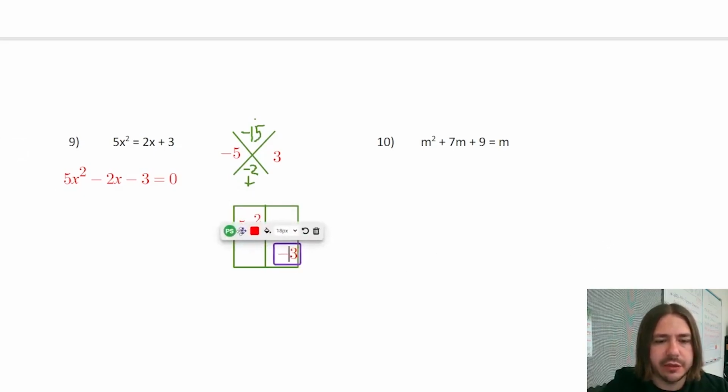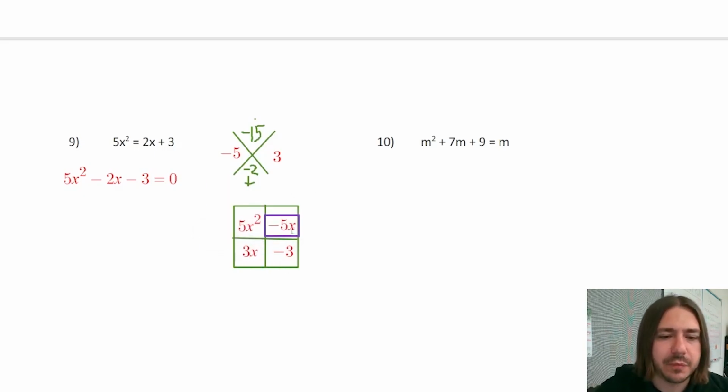And in the other two boxes, I'm going to put the two terms I found. It doesn't matter which one goes where, but I'll put negative 5x in one and 3x in the other.